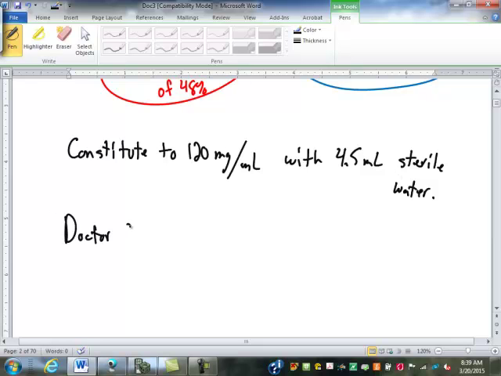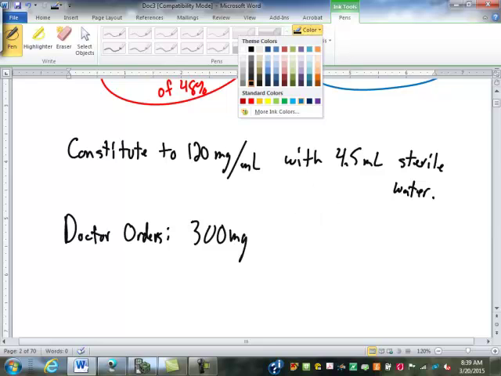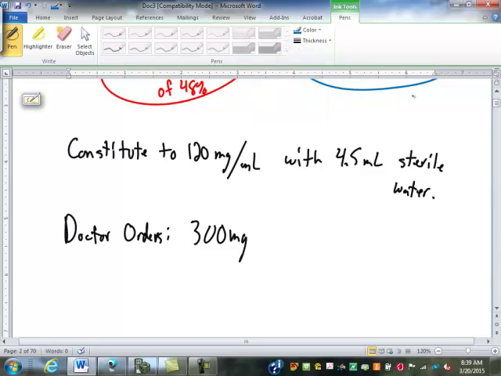Let's see, our doctor orders 300 milligrams to be administered. And this is of course for injection. How much are we going to fill the syringe and how much are we going to inject into the patient?